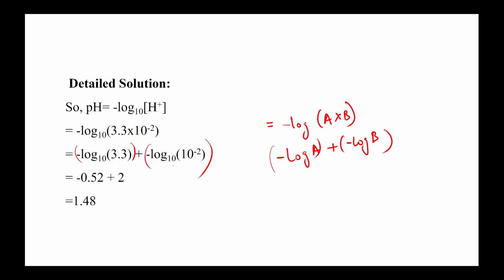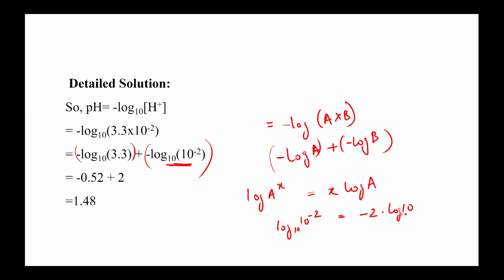There's one more formula: if you have log A to the power x, you can always write it as x into log A. So in this case, we had log base 10 raised to the power minus 2. I can write it as minus 2 multiplied by log 10.